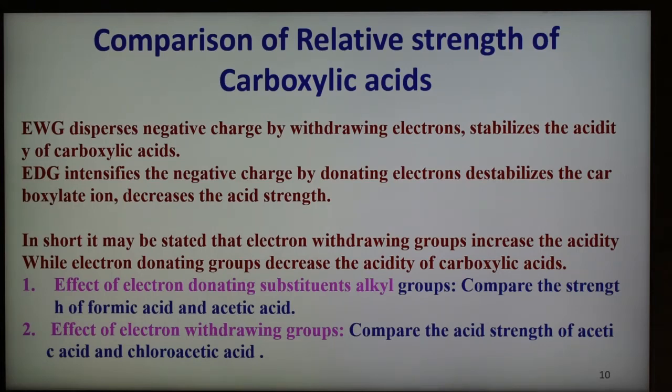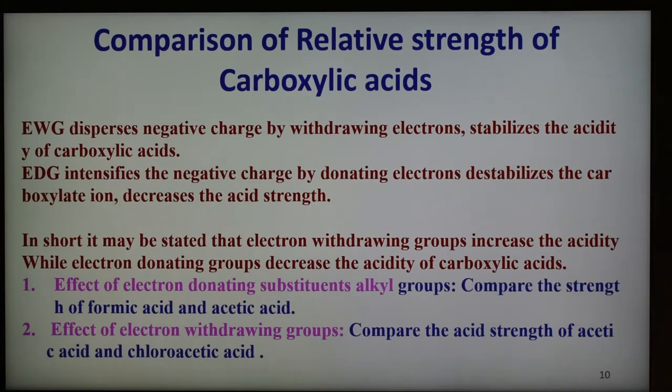One is the electron withdrawing group, which disperses the negative charge by withdrawing electrons, stabilizes the carboxylate ion, and increases the acid strength. When an electron donating group is present, it intensifies the negative charge by donating electrons, destabilizes the carboxylate ion, and decreases the acid strength.